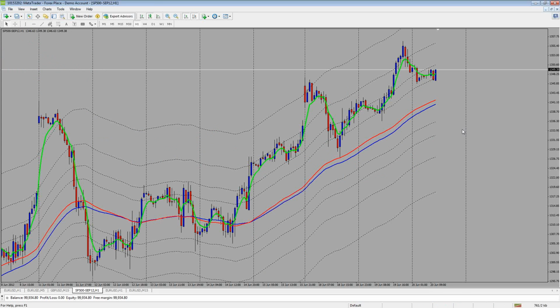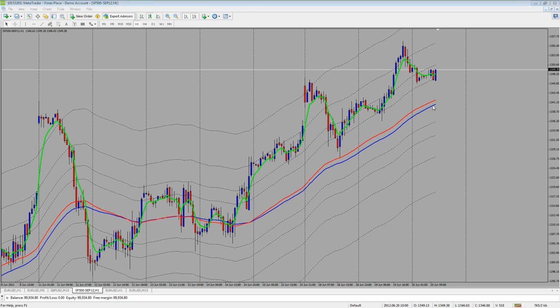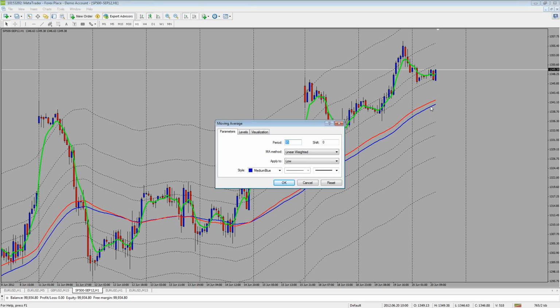The system, I remind you, is a trading strategy that uses two moving averages, which are like the home base or the center line, the center of price. Two moving averages: 75 linear weighted low and 85 linear weighted low.